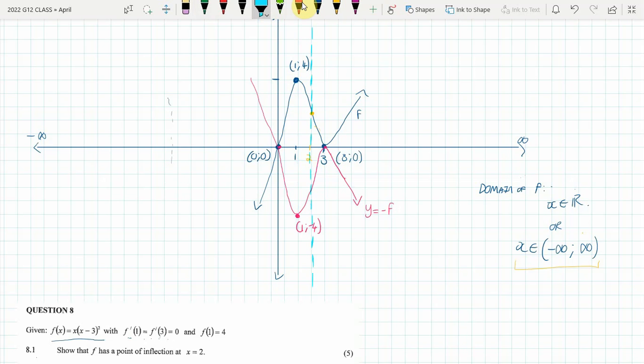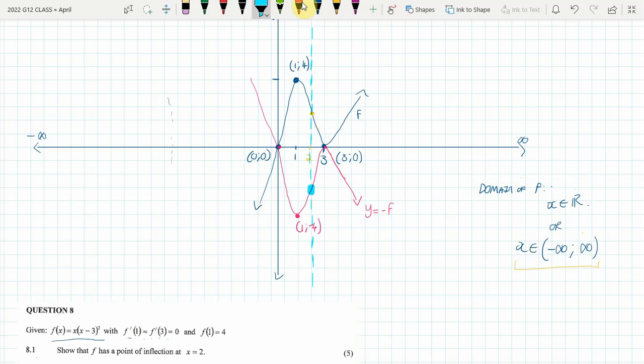Now, it's not an axis of symmetry, I don't think it is. But this is the line that cuts F and Y at points where they change inflection. By the way, the point of inflection of the reflection will be somewhere there, reflecting that point.